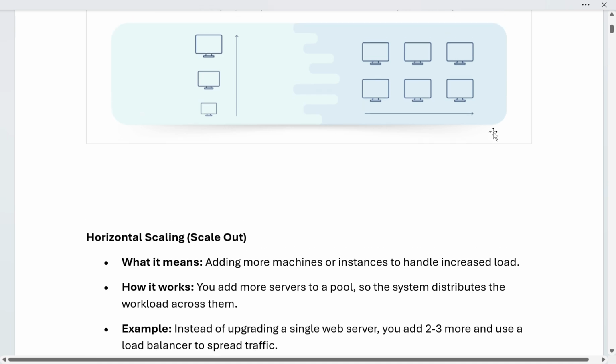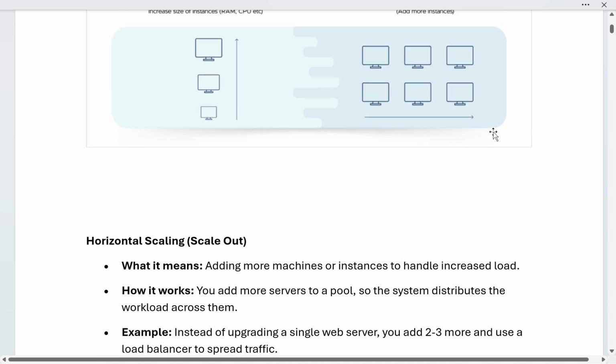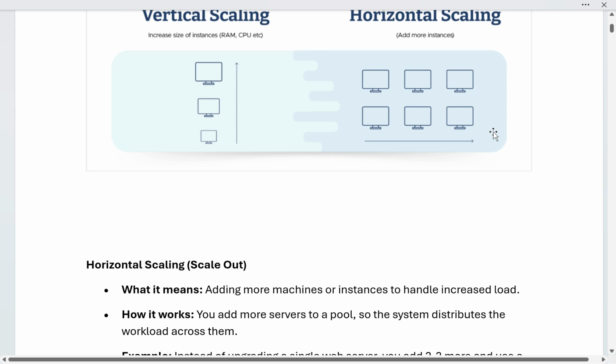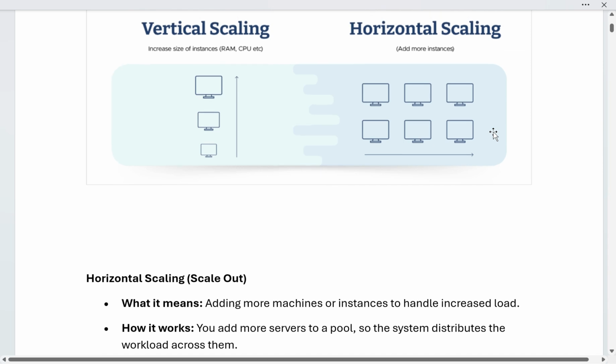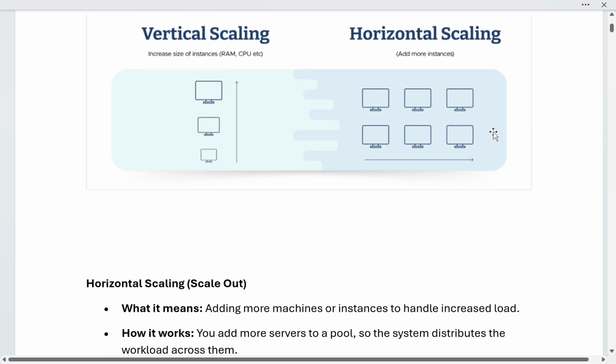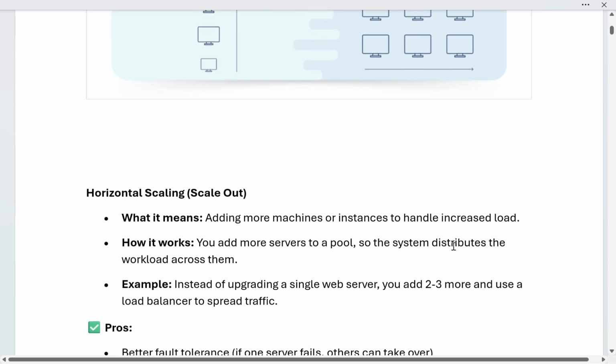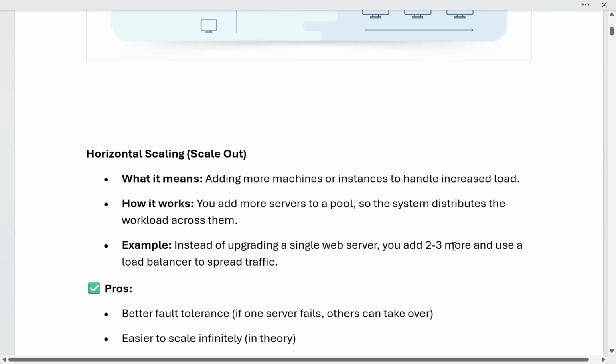If system design comes up in your interview, there is a very good chance that based on a scenario they will ask whether you would scale your system horizontally or vertically. So you should be aware of that in case of an interview.